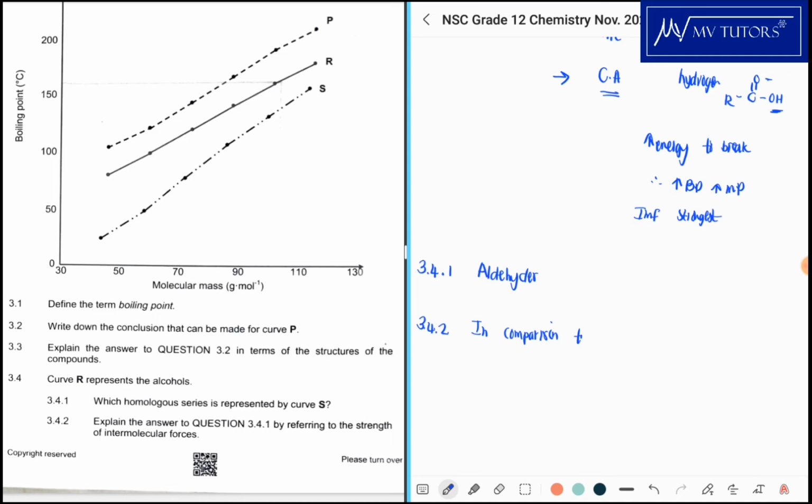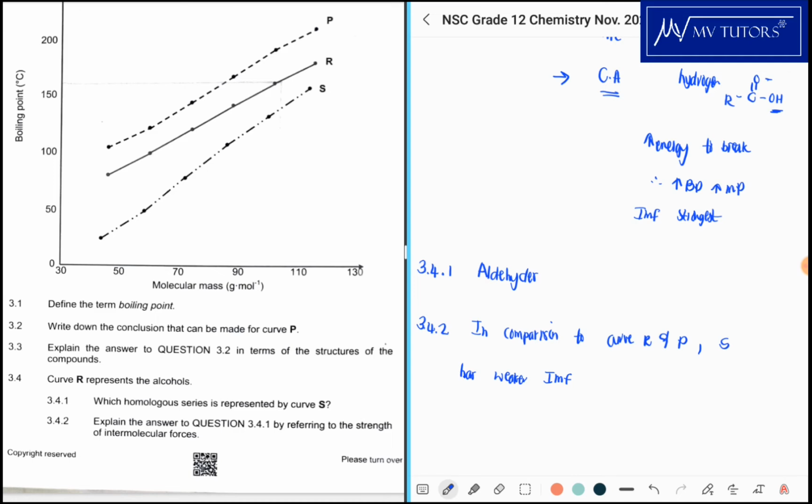So in comparison to curve R and P, S has weaker intermolecular forces. Okay, so in comparison, they are weaker, although generally they are strong because you have a polar molecule.